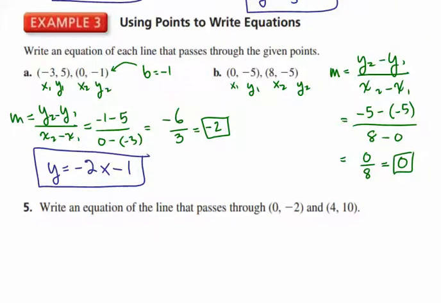Now, 0 slope tells me horizontal line, and notice all of my y coordinates are the same, so that would indicate a horizontal line. Horizontal line has the equation.